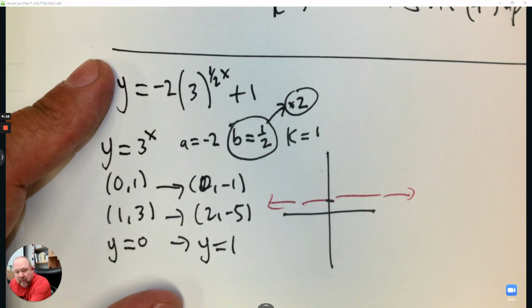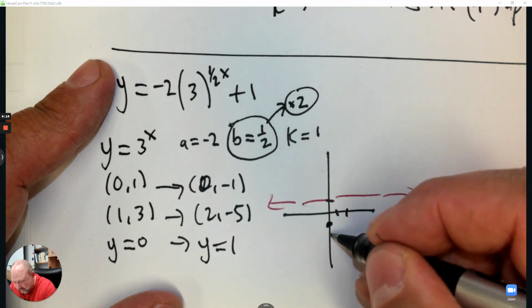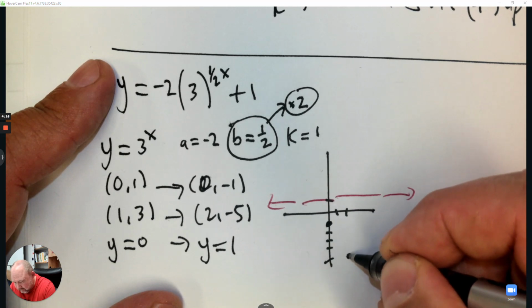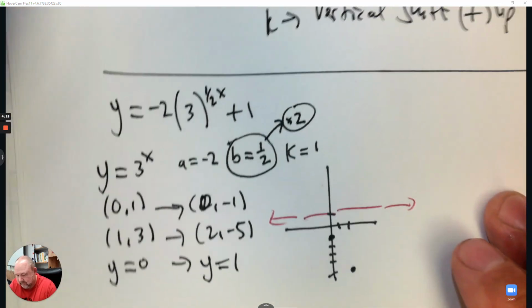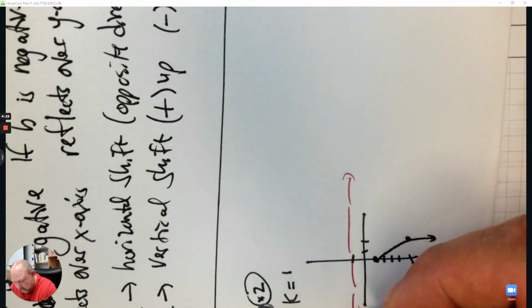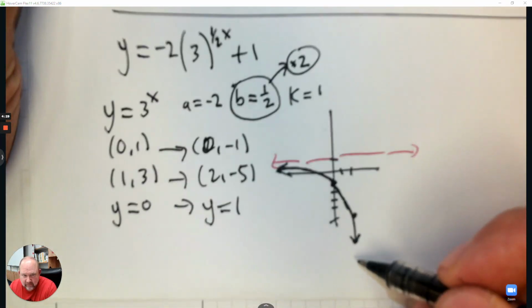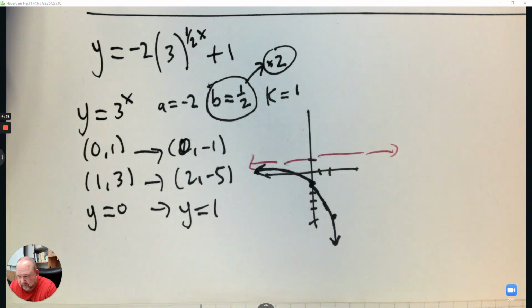Then I'm going to plot the 2 points, which are at (0, -1) and at (2, -5). And then I'm going to curve this. So this is going to curve down to the right and then follow the asymptote to the left.